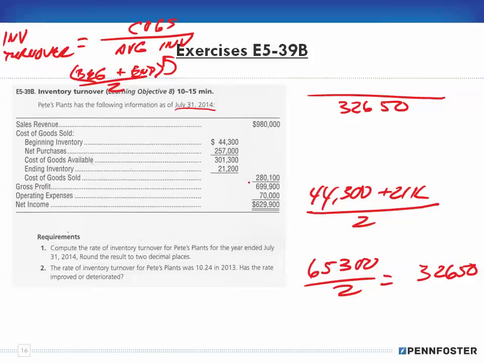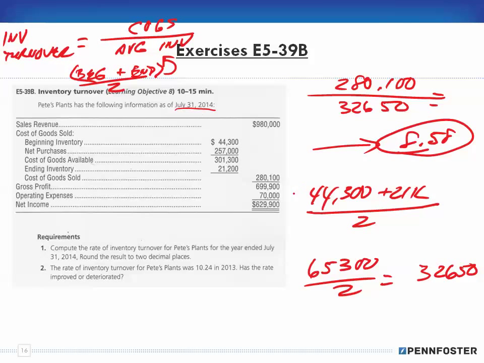And our cost of goods sold is 280,100. So we take the 280,100 and divide it by the 32,650, and we end up with an inventory turnover rate of 8.58. Well, it's actually 8.578, but we're rounding to 2 places, so our inventory turnover is 8.58.